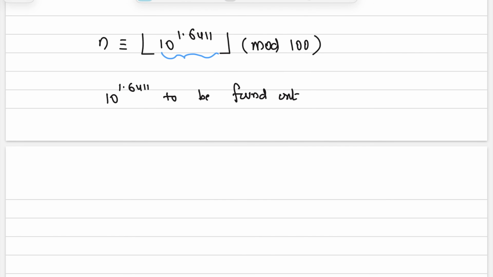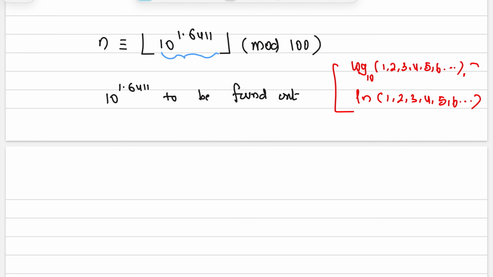Now, I have told you: logarithm to the base 10 of 1, 2, 3, 4, 5, 6 up to 10, please know the values. Similarly, natural logarithm of 1, 2, 3, 4, 5, 6 up to 10. Please try to remember them, or at least find out some shortcuts to understand them.